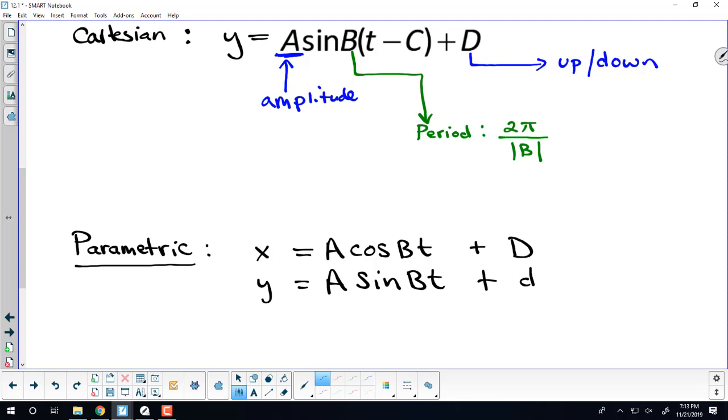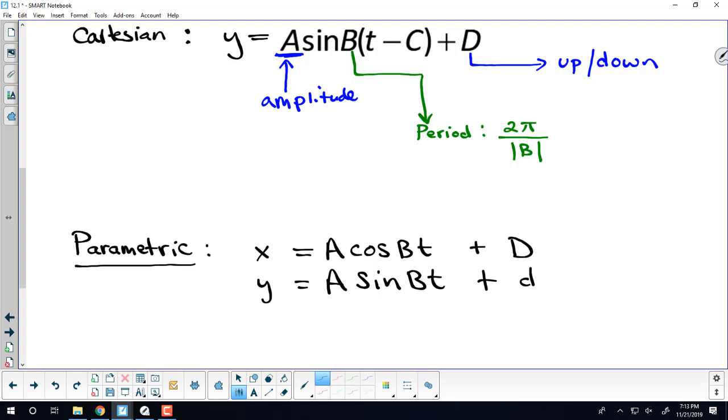Notice here, we have two of those Cartesian things applied to both outputs, the x and the y now. The A is still affecting the x direction, and the y direction for sine.